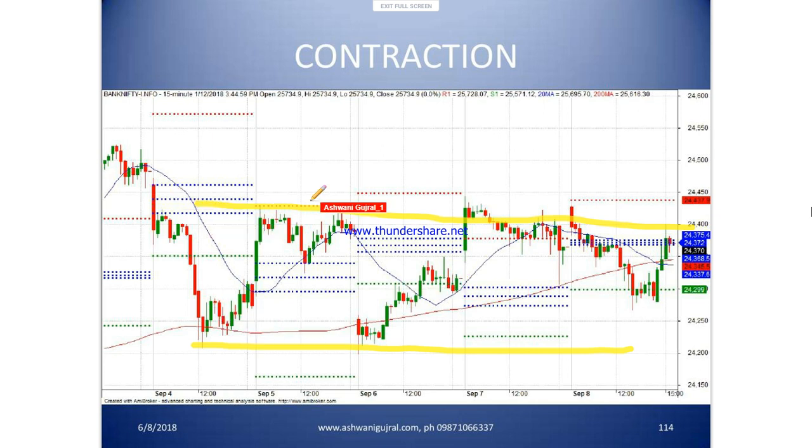So this is a contracting market. Here, chasing will not work because the initiative guys are pushing back the market towards equilibrium.